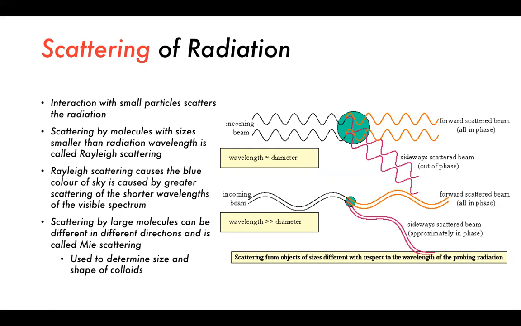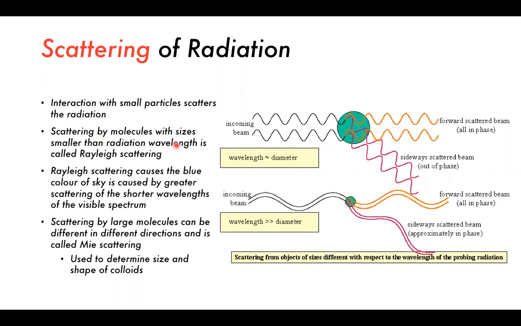So how this works is if the wavelength is somewhat similar to the diameter of the particle, as you can see here, the incoming beam, the particle, then what we will see is that there will be a certain degree of interference caused by this interaction, which will result in the scattering, sort of out of phase scattered beam, not having the same amplitude and really interacting destructively and becoming destroyed.